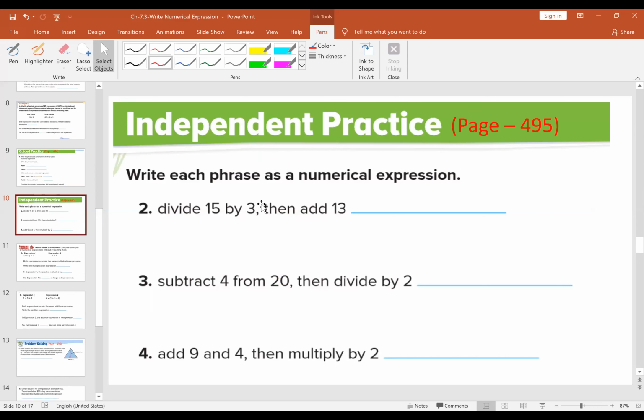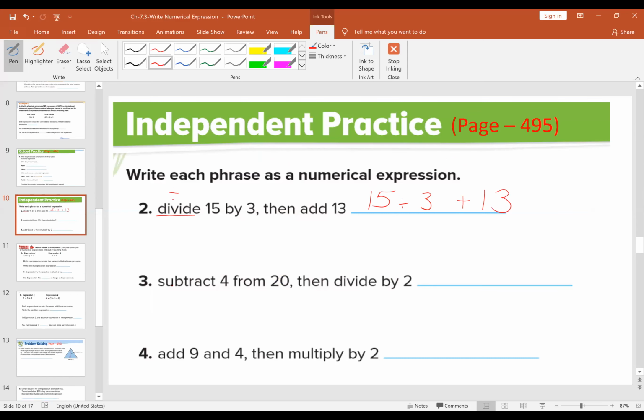Divide 15 by 3. Divide 15 by 3. Then add 13. So first, what would I do? 15 divided by 3, and then add 13.